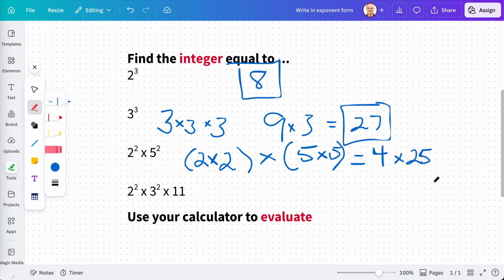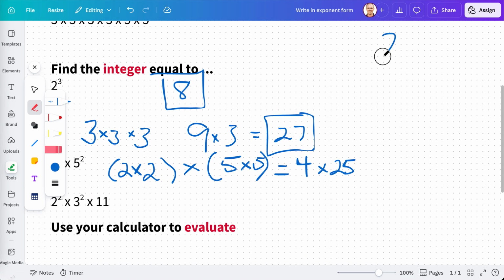4 times 25. I'm just going to do this because I just want to remind you how to multiply out. So we're going to do first 5 times 4. So 5 times 4 is 20. But I'm just going to put the ones in the ones column. This is ones and tens.